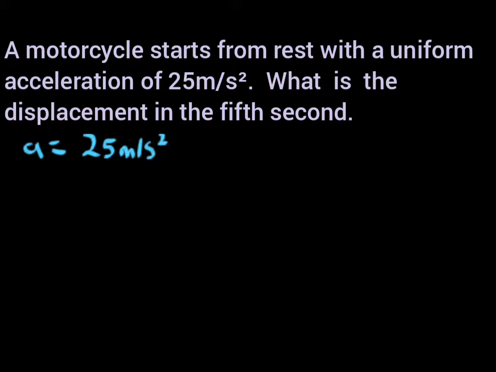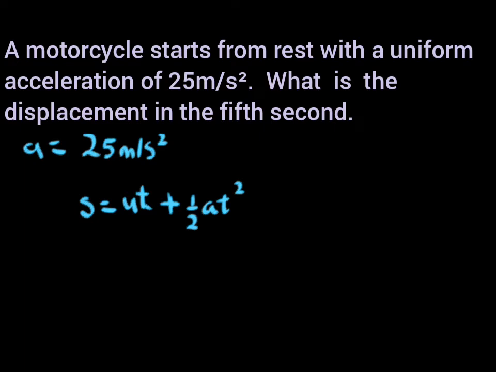Now, we are asked to find the displacement in the fifth second. So we're going to be using the formula s equal to ut plus 1 over 2 at square.